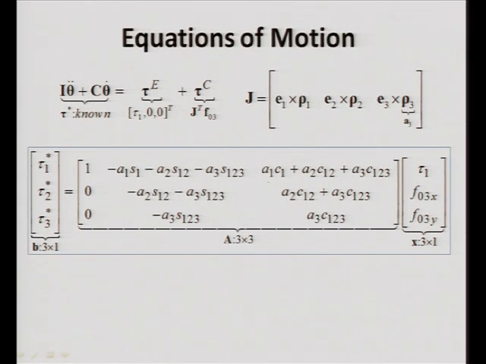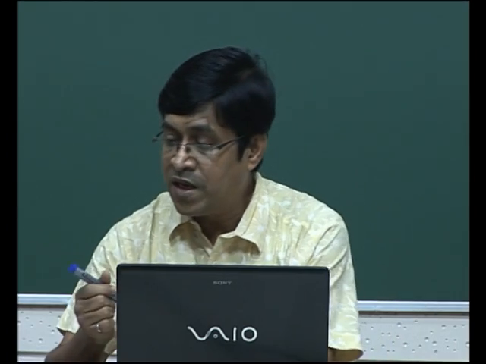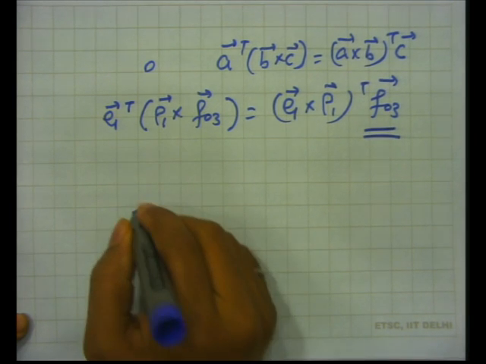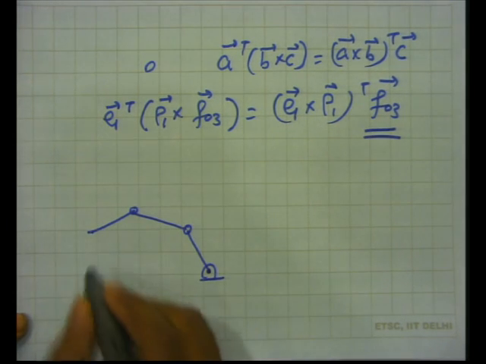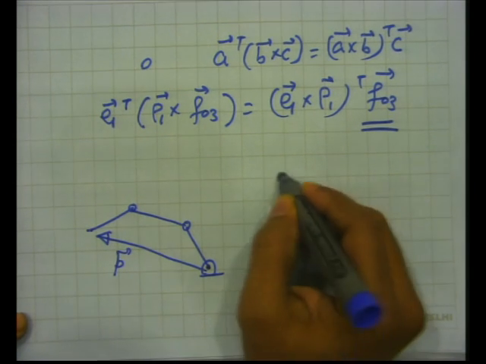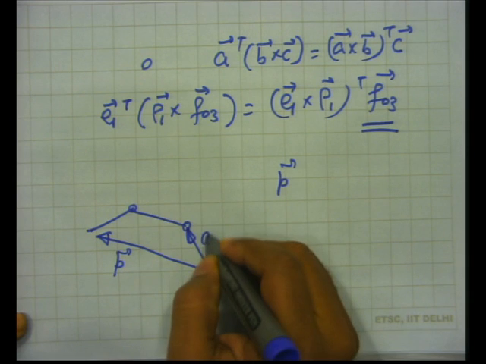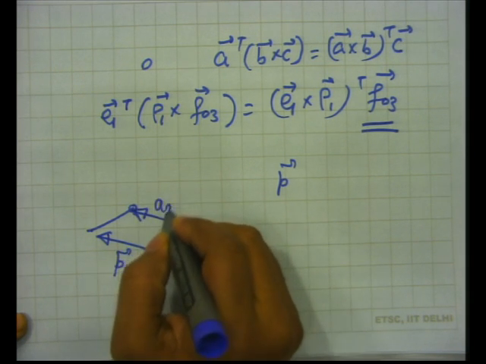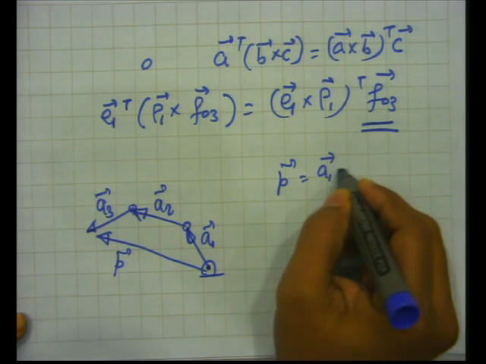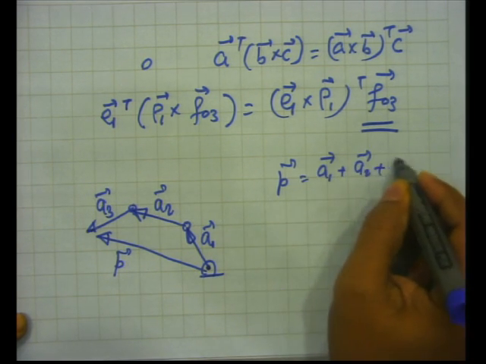And now for a 3-link system, it is a simple matter to find out what is the Jacobian matrix for this system, which I will briefly indicate on my paper here. So, we know this point, say P is nothing but A1, A2 and A3. So, P is equal to A1 plus A2 plus A3.